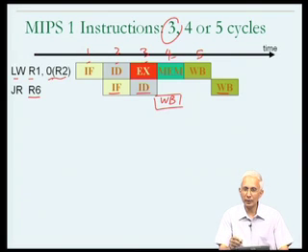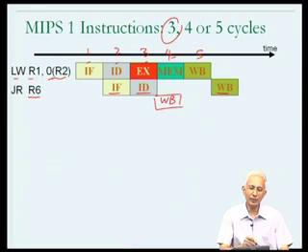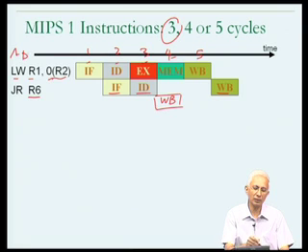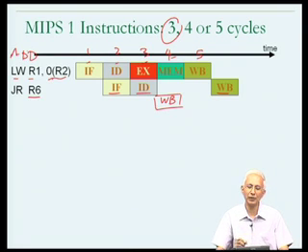Now we need to look at this in a slightly more holistic perspective. We've started by assuming that the load word instruction was the first instruction in the pipeline, but remember that during program execution, the load word instruction followed by the jump register instruction may have followed other instructions. There could have been an instruction preceding the load word instruction, such as an add instruction. And if there had been, then the add instruction would have been using the write back hardware in cycle number 4.